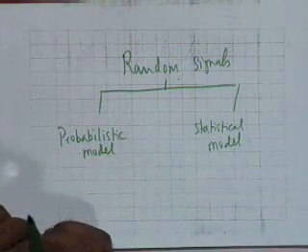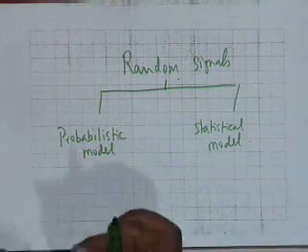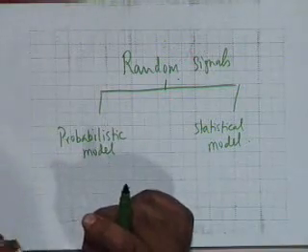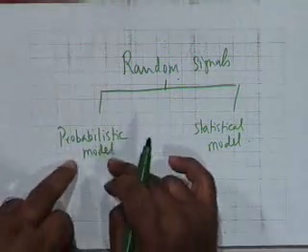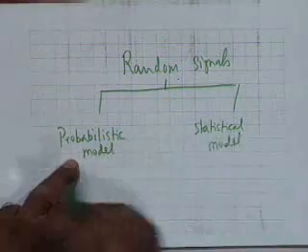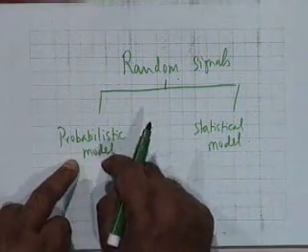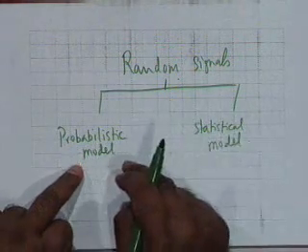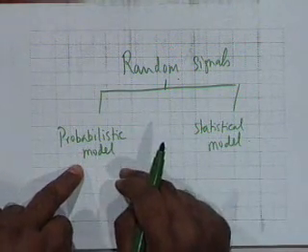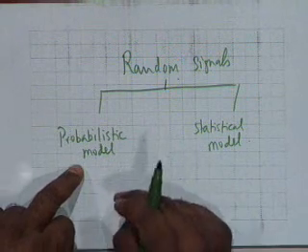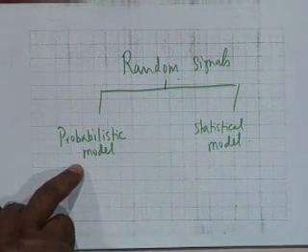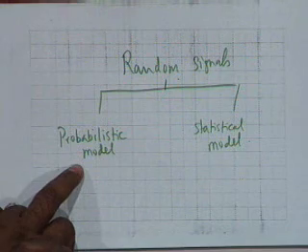We have to distinguish between the two. The probabilistic model is more precise than the statistical model, but unfortunately we cannot use the probabilistic model, that is only probability, either discrete or continuous, in system analysis.